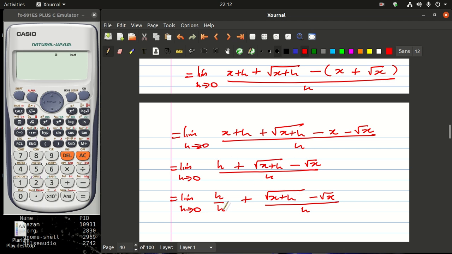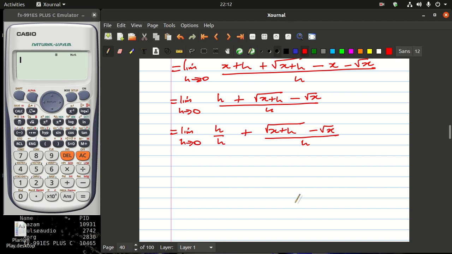The common denominator here is h, so h divided by h is just 1, and then 1 times this whole thing is that, so it is fine. Secondly, the reason I am doing that is that I want to make sure that I can cancel out that h with that h, and also this one here, I already know the limit of this because we did it above. That's why I'm splitting this, so that I can deal with this separately and deal with that separately.